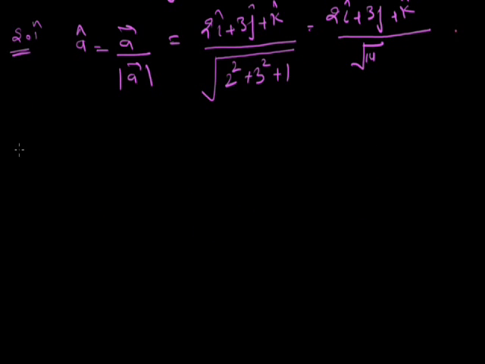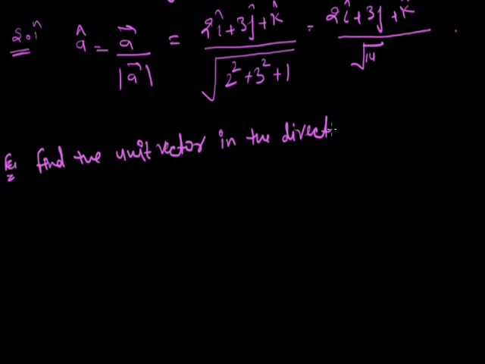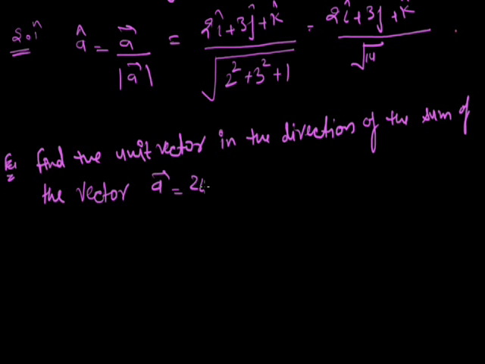Now the next example: find the unit vector in the direction of the sum of the vectors A vector equals 2i cap 2j cap minus 5k cap and B vector equals 2i cap j cap plus 3k cap.